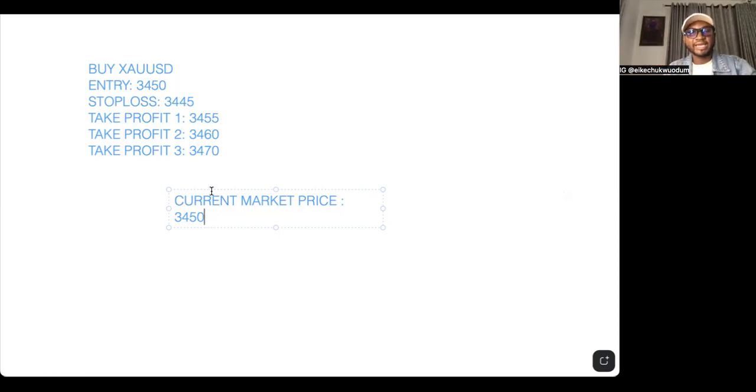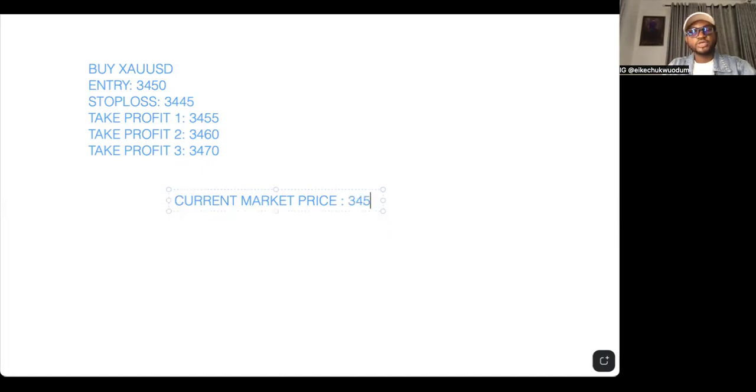Remember that when the number before the decimal changes, from the previous number to the next number, that is a 10 pip movement. So if this is changing from 49 to 50, that's a 10 pip movement.